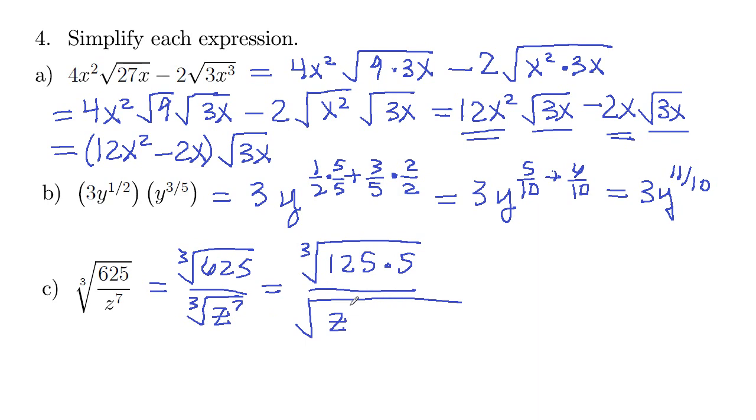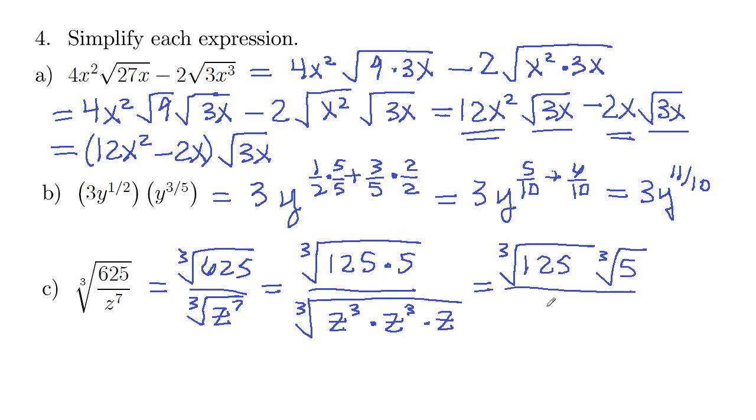We can break that up as z cubed times z cubed times z cubed root. And now we can break these products apart. So cube root 125 times cube root 5. And in the denominator, cube root z cubed times cube root z cubed, and then cube root of z left on the end.